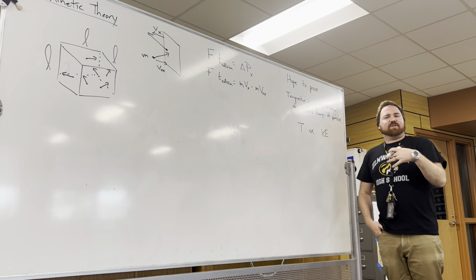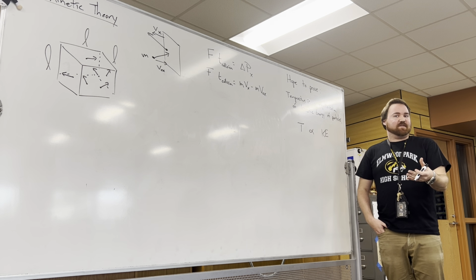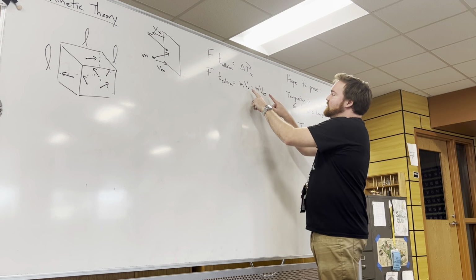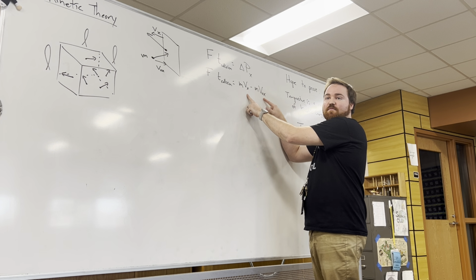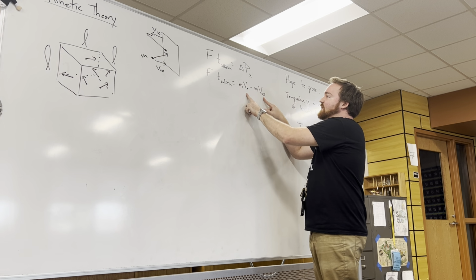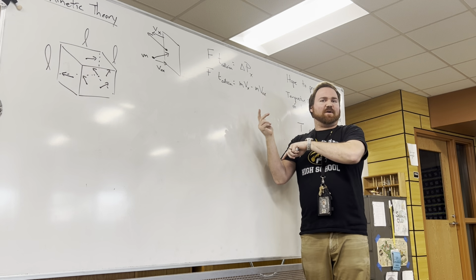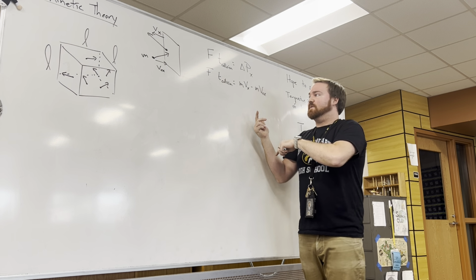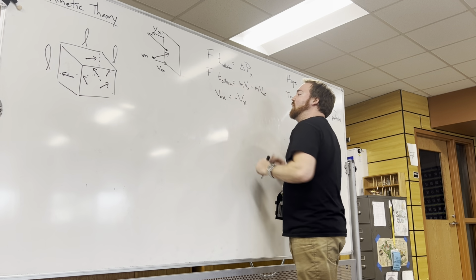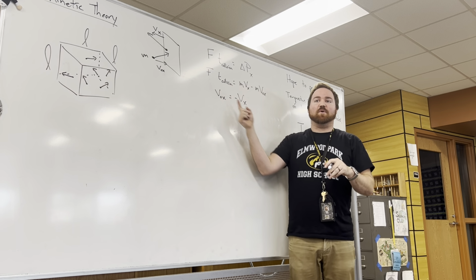But I said that all the collisions have to be elastic in order for this to be an ideal gas, yeah? So if all the collisions are elastic, then that means that these two quantities have the same magnitude. There was no energy loss on collision. The initial velocity in x and the outgoing velocity in x are the same magnitude, but what's different about them? Direction. So we can say, oh, well, v naught x equals minus vx. Or move the minus sign over, doesn't matter where you put it, it's still the same thing.